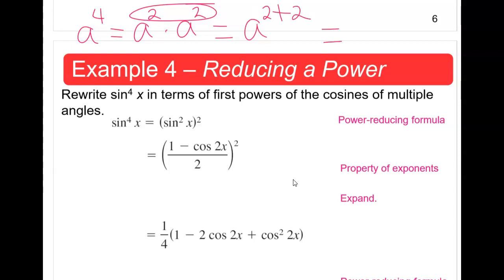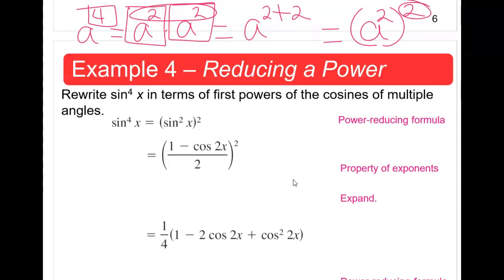Also, you could specify a to the power 4 as a square and then squared, because we have a square multiplied by itself twice. And so we could use the rule that says 2 times 2 is 4. So that will be the exponent.